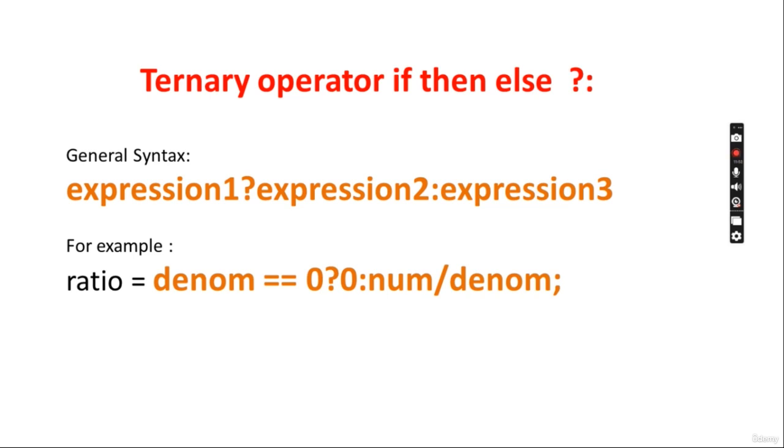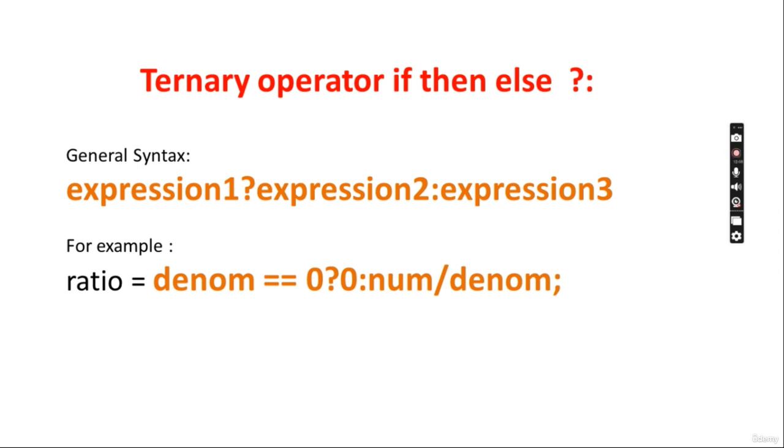So if a particular condition is true, then perform this, else this. So this can be written in one line. If an expression is evaluating to some value like true and false, you can use this ternary operator.